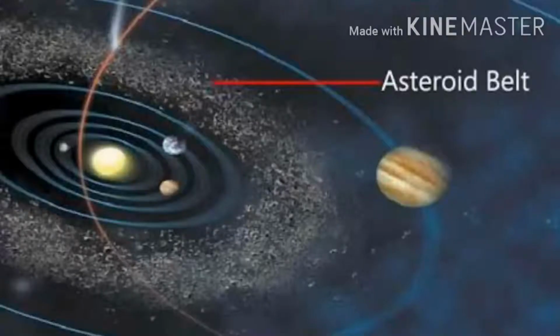Children, can you tell me the name of the object that segregates the planets as inner and outer? Yes, that is the asteroid belt. The asteroid belt segregates the planets as inner and outer.